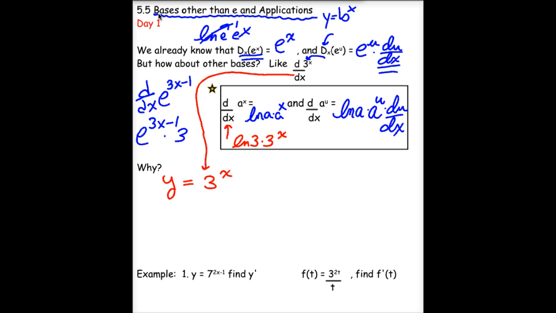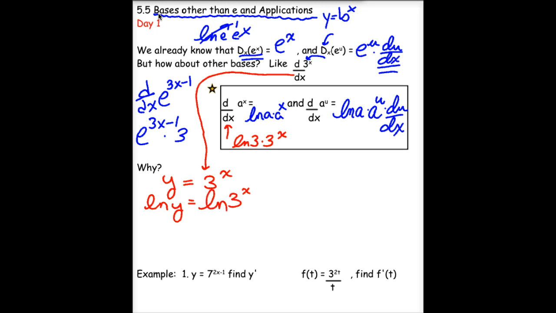Invariably in pre-calc and beyond, when x is your exponent, we get it out of there by taking a natural log. In derivatives, this is called logarithmic differentiation. Sounds good. It rolls off the tongue. Anyway, I'm going to take ln y equal to ln 3 to the x.